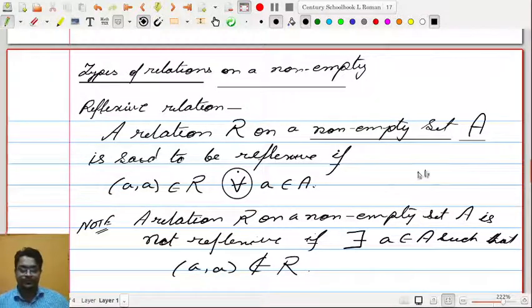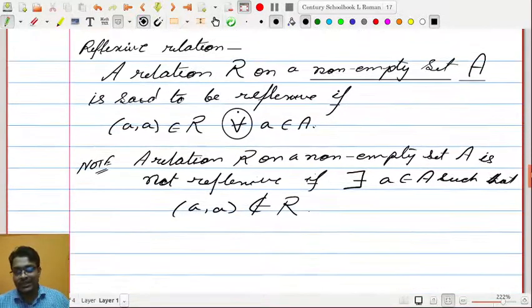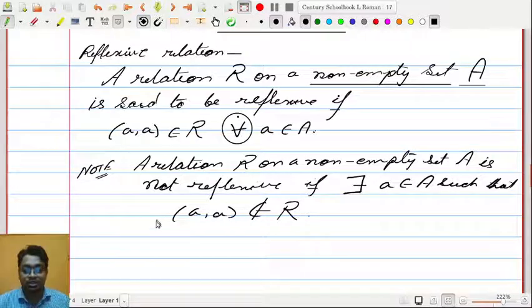If we can find such an element which is not related to itself, then we can conclude that it's not a reflexive relation.